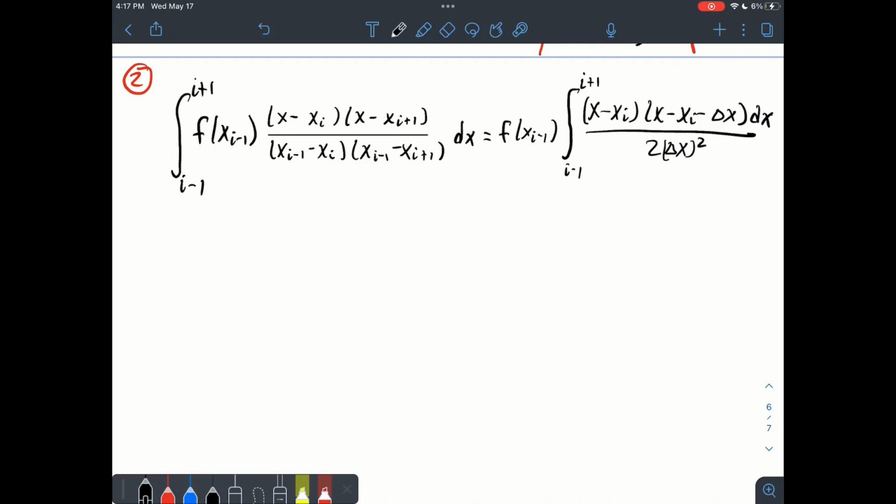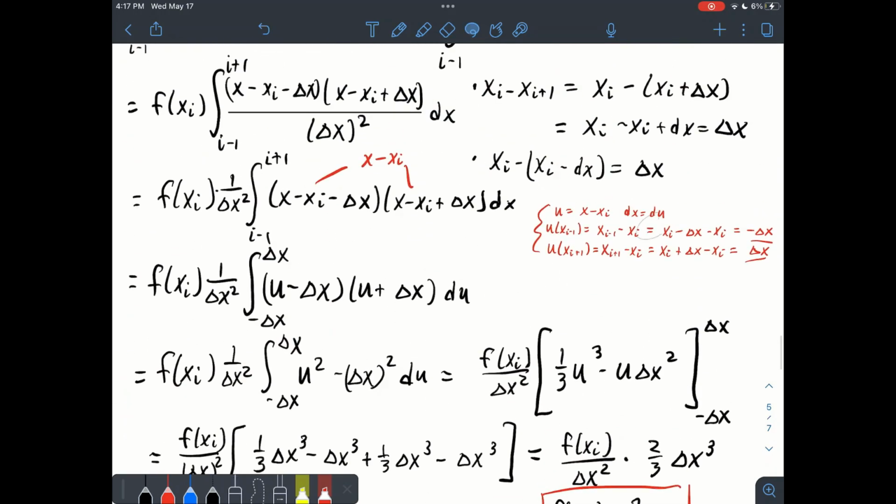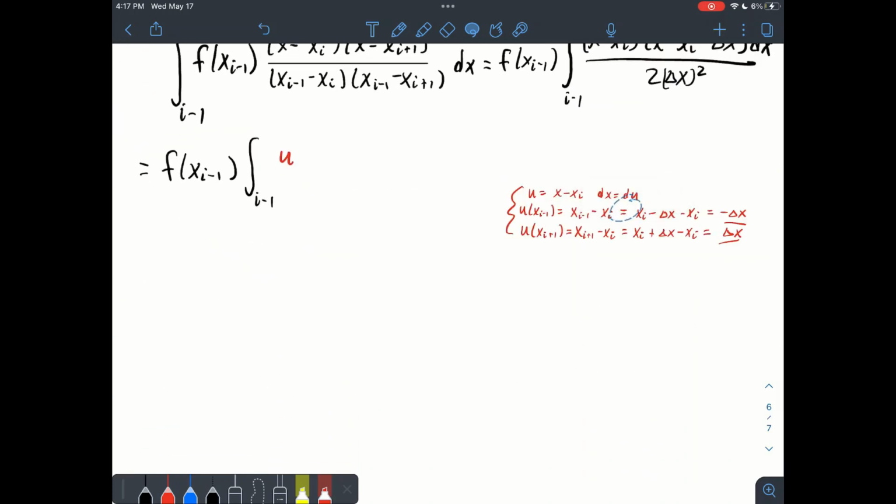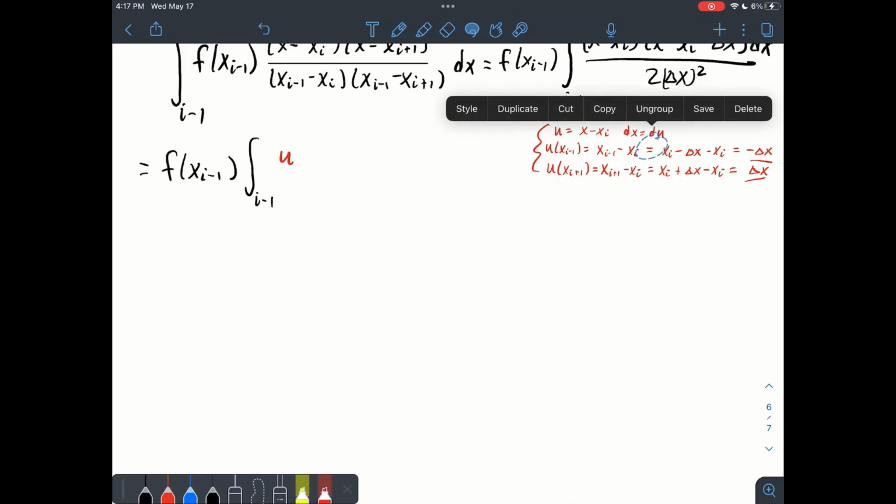Okay, now let's perform our u substitution. So we're going to have f of xi minus 1 times I minus 1, I plus 1, and then we're going to have, right, from the top, I'll copy this. Right, we'll keep this in mind, like I said before.